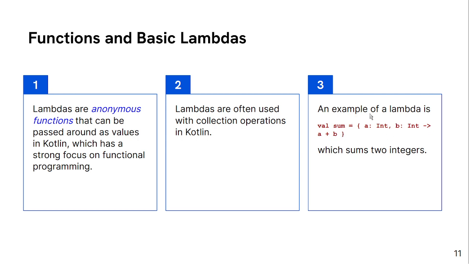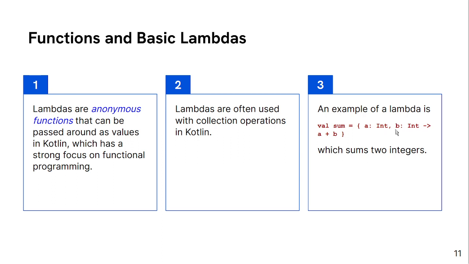So if we would like to define the lambda as a variable, this is an example. We call it sum, equals, the lambda enclosed by curly brackets. So we use curly brackets to include that, with a right arrow. The left part of the right arrow is the list of parameters.